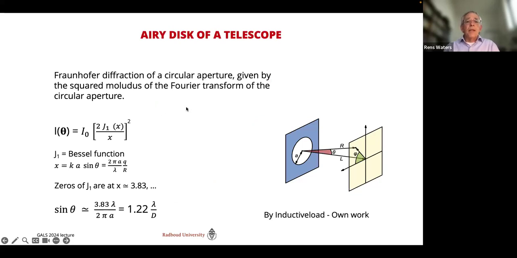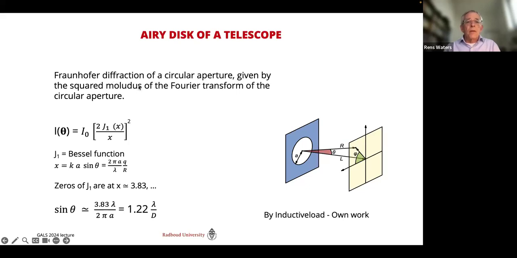And so that is actually the principle of how a telescope works, where you can understand the aperture of a telescope as interacting with the incoming plane wave, and then diffraction happens.